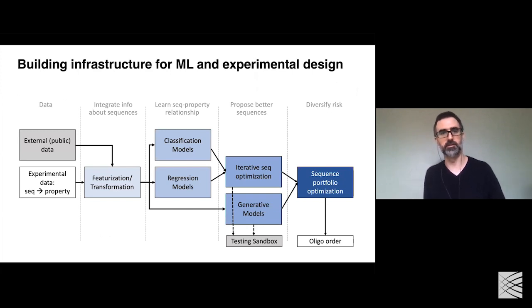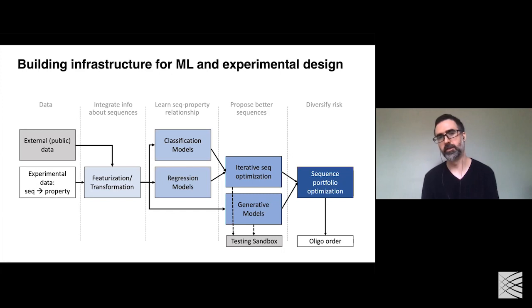Here's just a snapshot of this workflow too, the infrastructure we have for machine learning, and it just shows you in practice how the ideas that Sam talked about are implemented. We take the data in, either public data or our own experimental data. You might featurize that or transform it. There were great questions in the chat about transformations to continuous spaces. Those are possible.